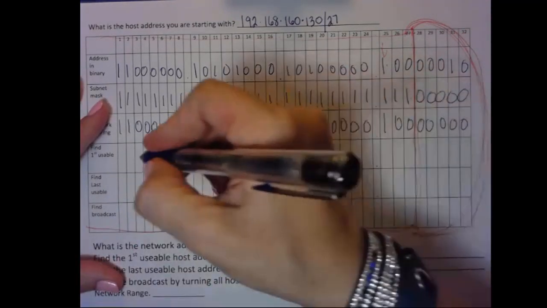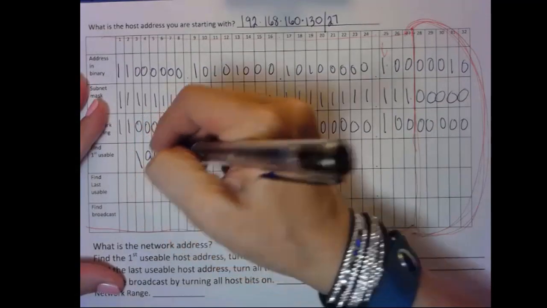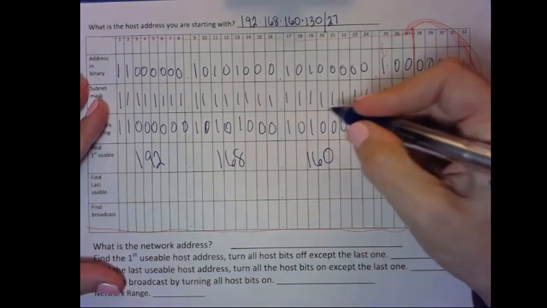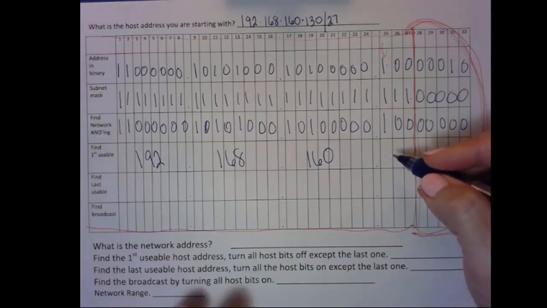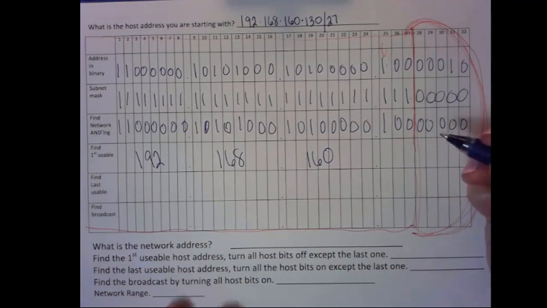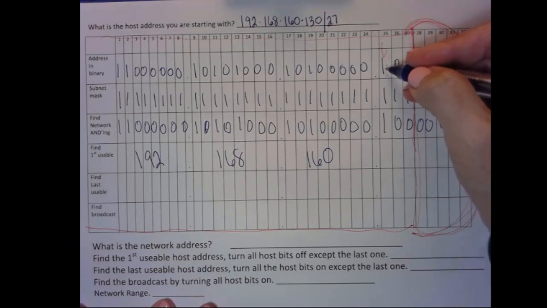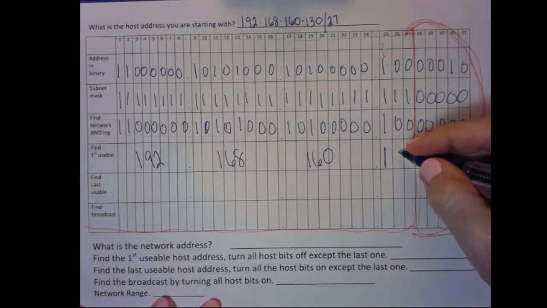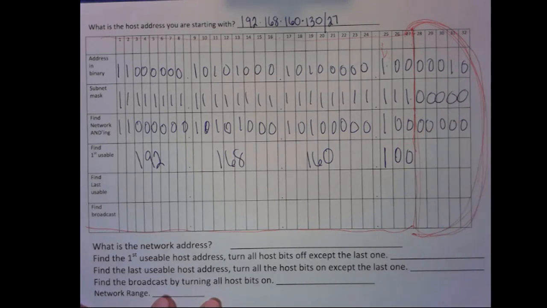Okay, so I know that 192.168.160, this is all going to be part of my network. Now, the subnet mask tells me that this 1 is going to stay turned on. 0, 0, definition of the first usable address is the host bits are all off except the first one.